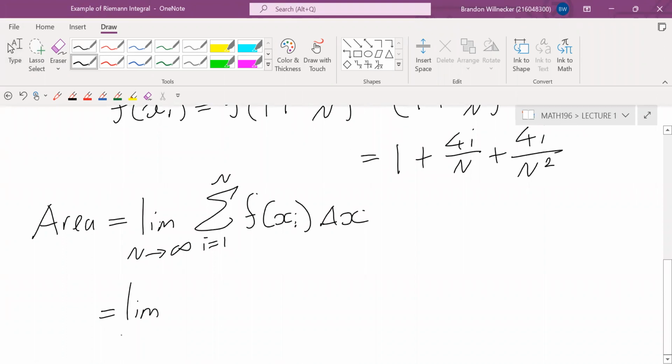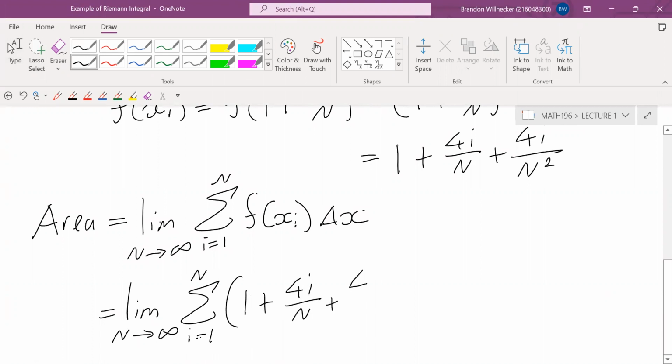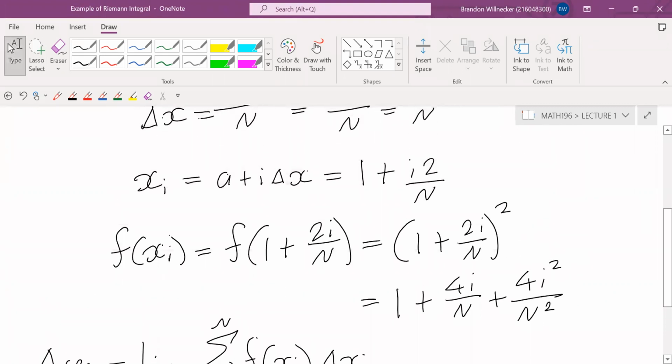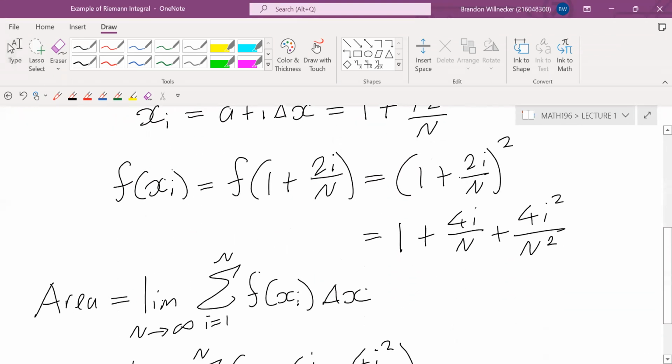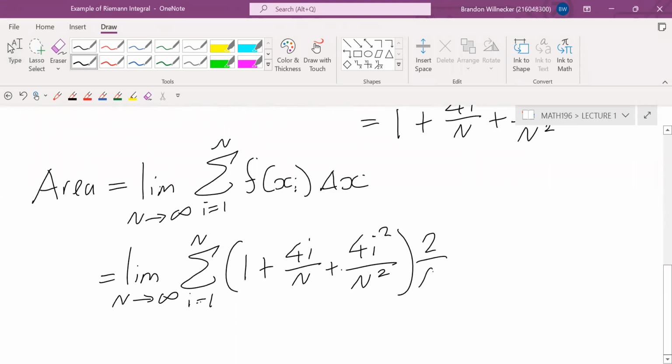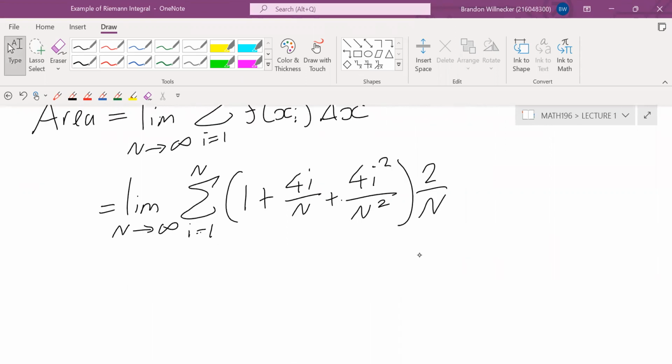So that's going to be the limit as n goes to infinity, the sum from r equals 1 to n. F of xr, that's going to be 1 plus 4r over n plus 4r squared over n squared. And then delta x, that was 2 over n. Okay, so now we just need to calculate the sum first. And then once we've calculated the sum, we then take the limit. And then whatever's left over after the limit, that is our answer.